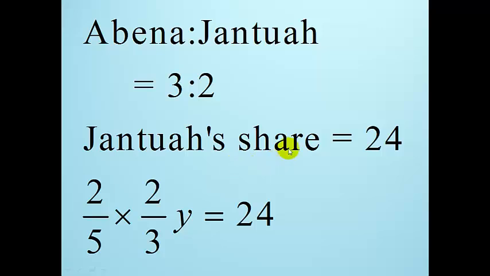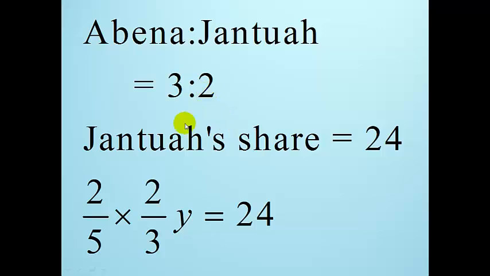From the question, Jantua's share equals 24. So if Jantua's ratio equals 2, then if you want to calculate Jantua's share from this ratio, it is Jantua's ratio divided by the total ratio, times the remainder left.